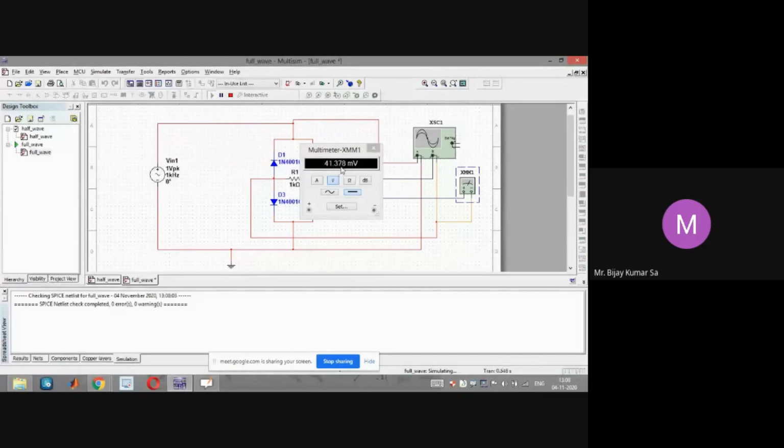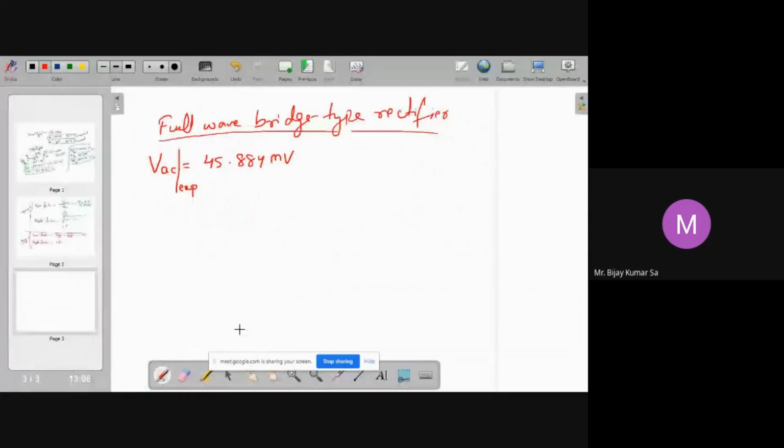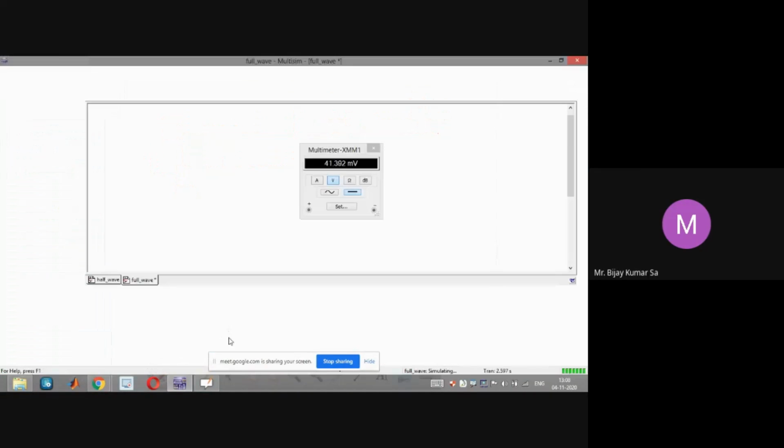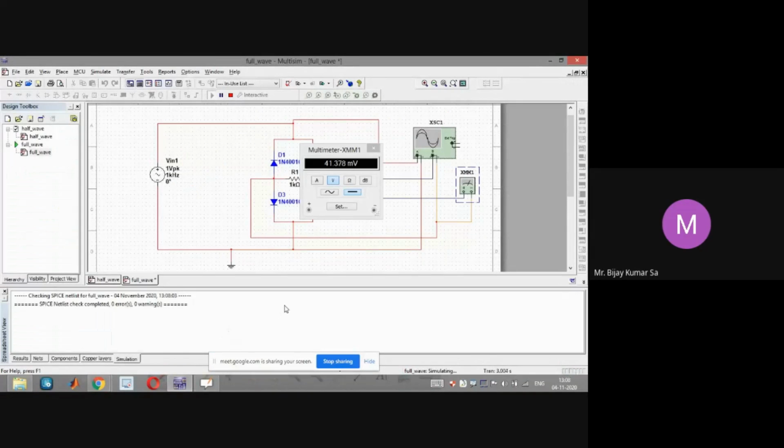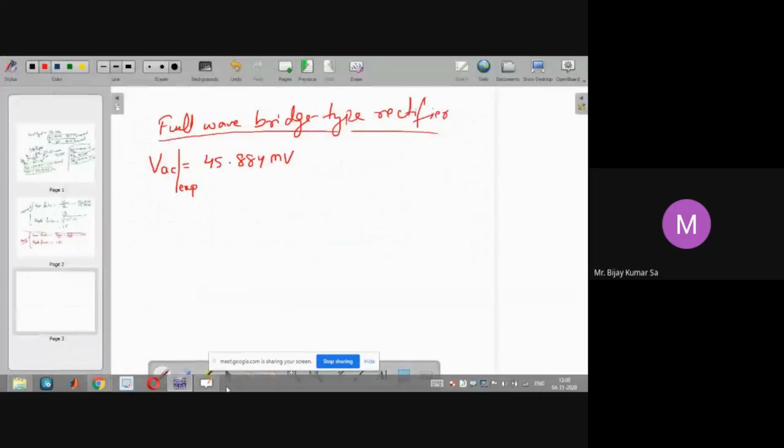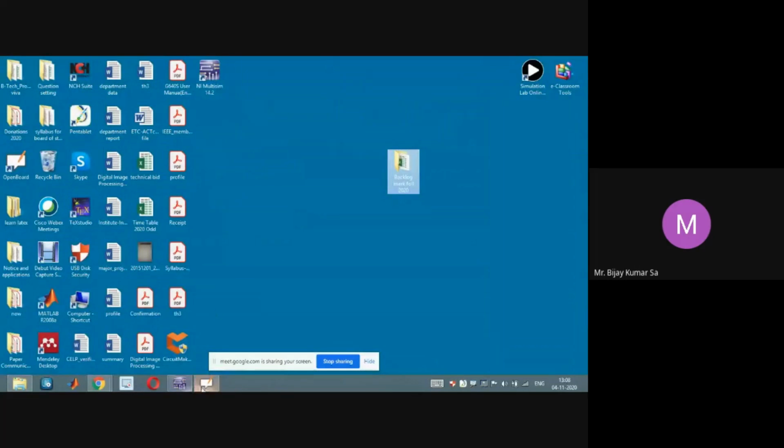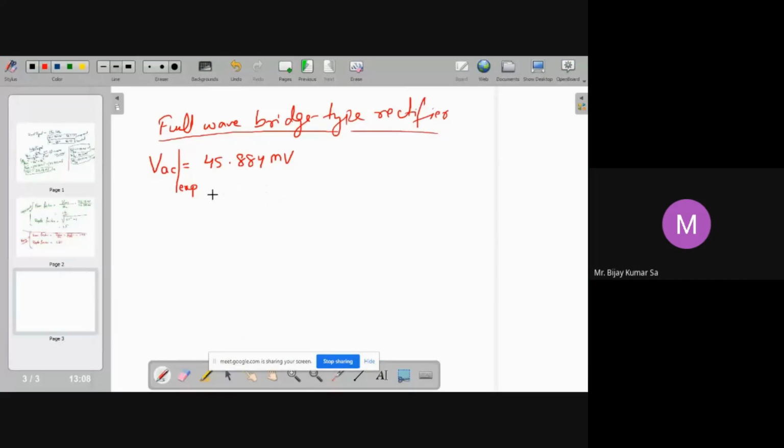It gives me 41.378 millivolt, then 41.39.